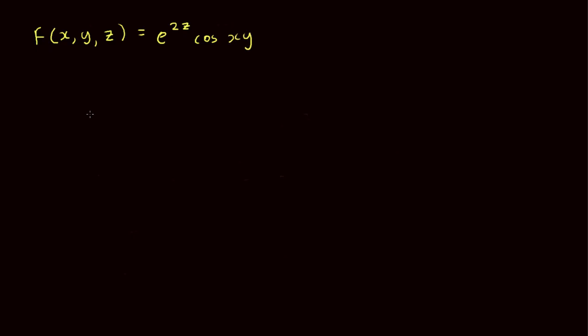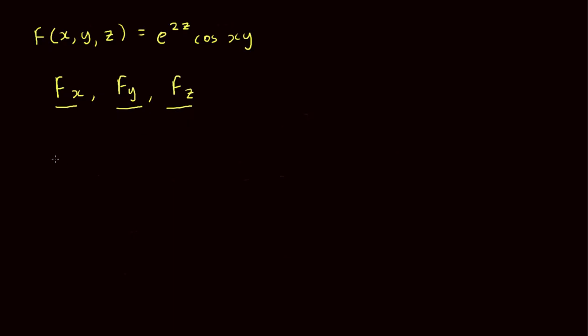So that's your function. Similarly, we're asked to find fx, fy, and fz. I'll give you a minute to pause and try to figure out how to get fx, fy, and fz.